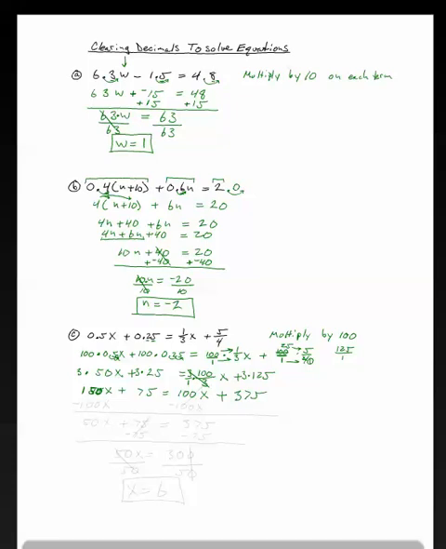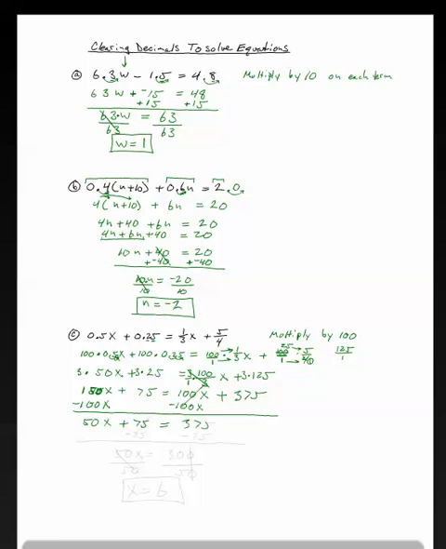I don't have any like terms to combine, so I'm going to go right to moving the variable term to the left, which means I have to get rid of the 100x. So I subtract 100x from both sides. That's going to give me 50x plus 75 equals, those cancel, 375.